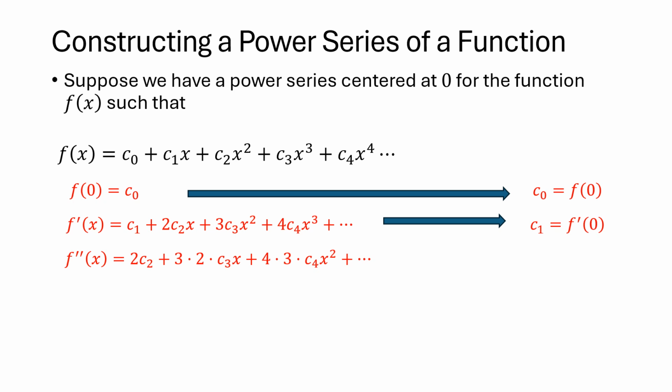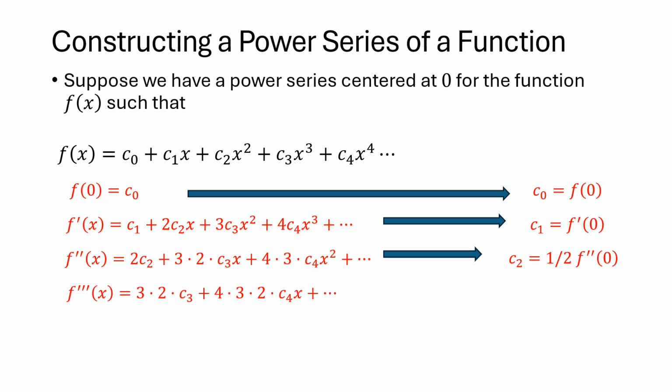Either way, if we plug in 0, we're left with f double prime of 0 is equal to 2c2. If we then divide by 2, we end up with c2 is 1/2 f double prime of 0. Continuing on, the third derivative, f triple prime of x is equal to 3 times 2 c3 plus 4 times 3 times 2 c4x.